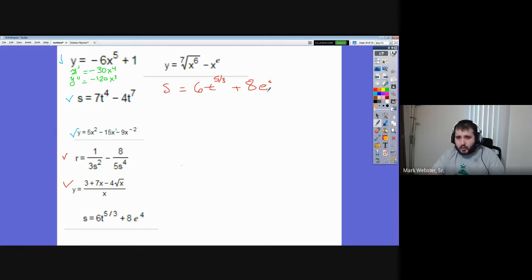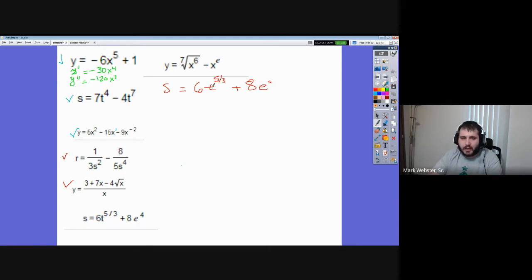E is a number, right? E is 2.718281828 and so on. E is Euler's constant. So this is almost like the number 5, whatever. It doesn't matter what it is. It's just a number. So when I take the derivative, it's just a number.